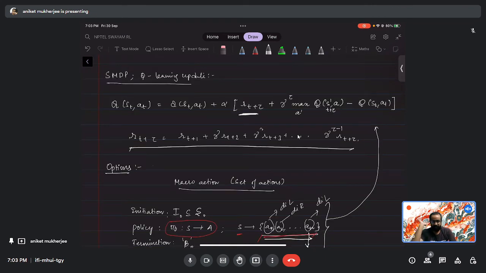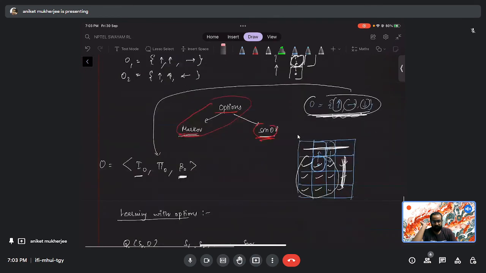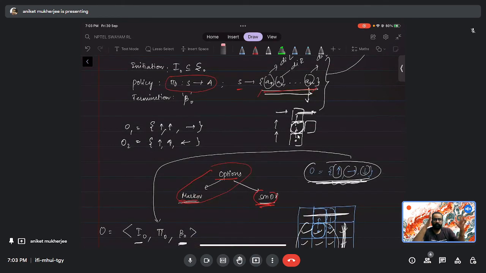So SMDPs are basically MDPs plus options. Now instead of looking at each state and action, you look at a state and a whole set of actions.